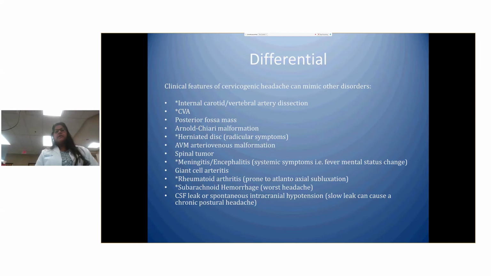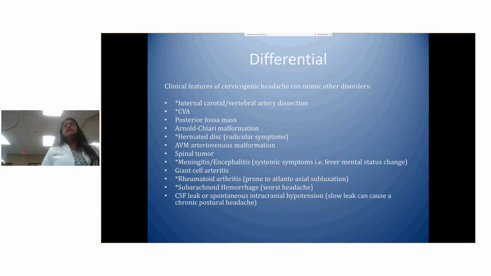The next slide here is featuring some other headaches or other disorders that can mimic cervicogenic headaches. The ones that are starred are things that you definitely don't want to miss. So intracarotid or vertebral artery dissection, stroke, posterior fossa mass of the brainstem or the cerebellum. Arnold-Chiari malformation, where part of the brain descends through the foramen magnum into the spinal canal.